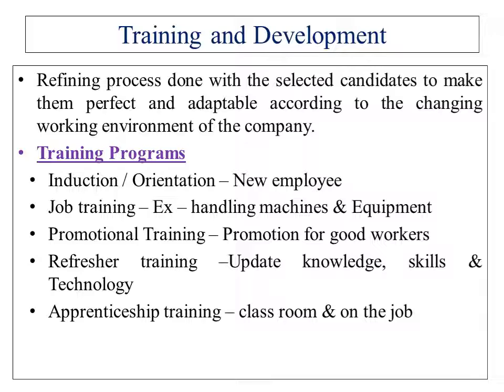So the company takes in different apprentices, they are given some work, and they are trained, and then absorbed. After going through the apprenticeship kind of training, whichever employees the company needs can be absorbed in the company.